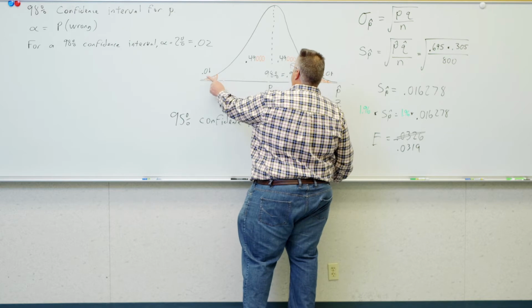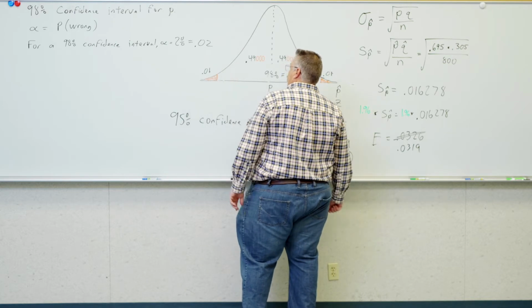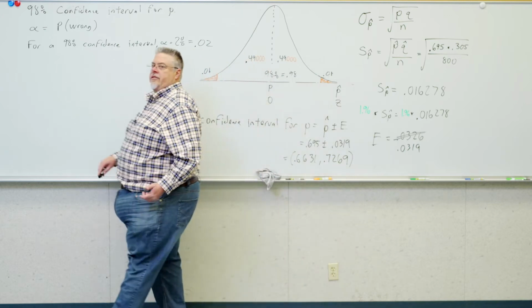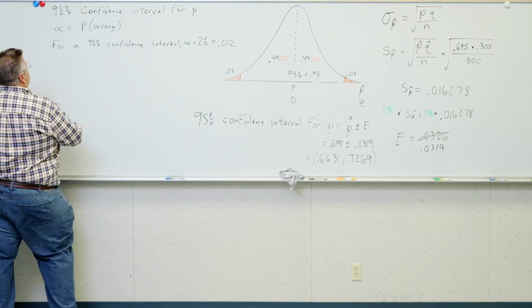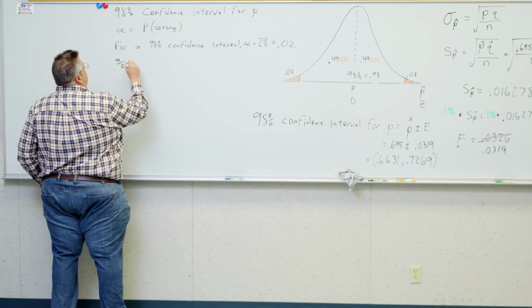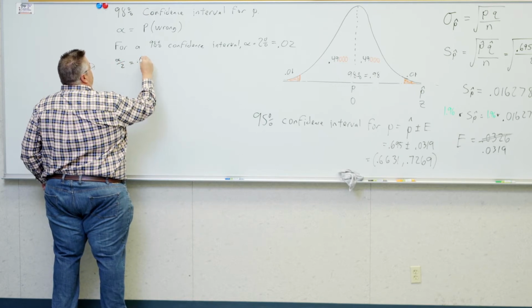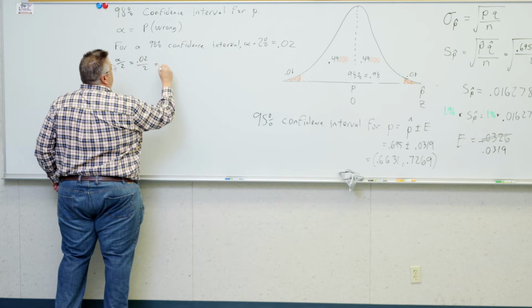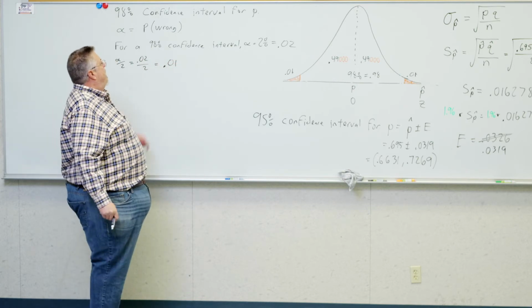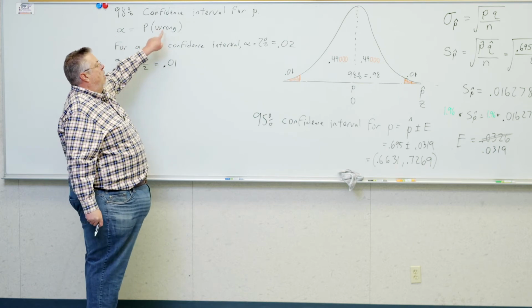1% in each tail. And the amount in each tail, the area in each tail, is alpha over 2, which is 0.02 over 2, which is 0.01. So, again, alpha is the probability of being wrong.